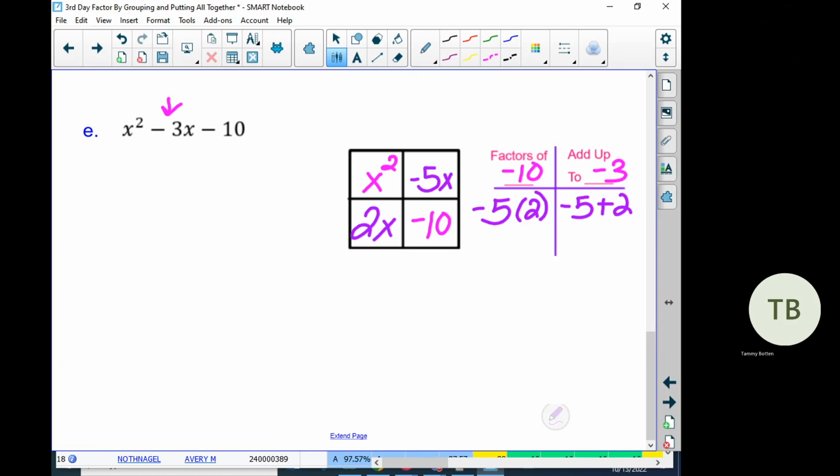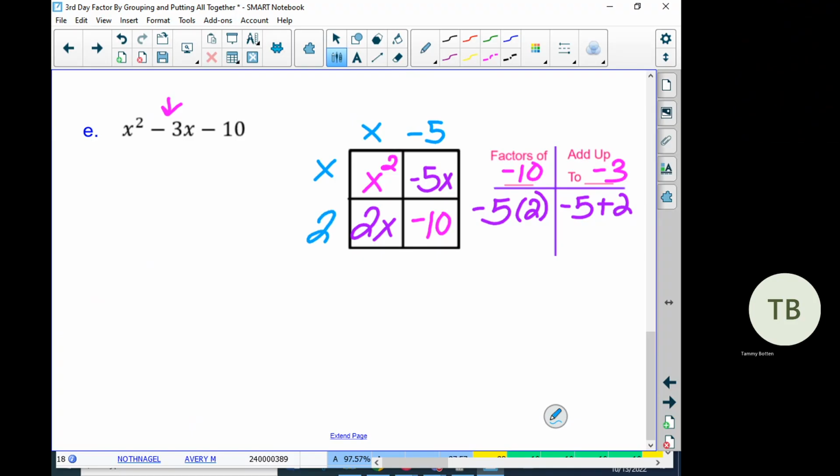And then what I'm going to do is go back. If you remember, if this was x squared, we have to think of what times what gives me x squared, and that's x and x. And then for here, it's what times x gives me this, that's -5. x times what gives me 2x, that's 2.